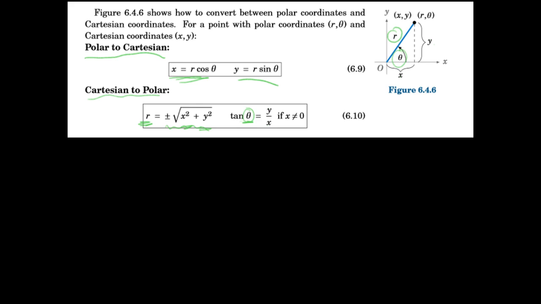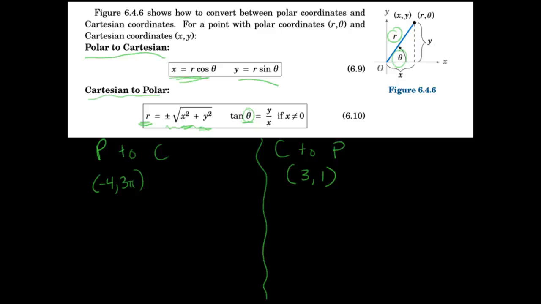So let's do one of those examples. I just chose some examples from the book, and I think it's helpful to think about where this is. Remember, we're in polar and we're trying to get to Cartesian. So you have to go to 3 pi. Going around, here's 1 pi, 2 pi, 3 pi.